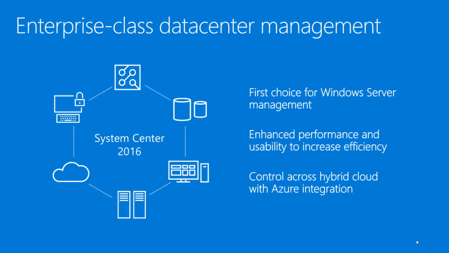So just to wrap this section up before we move on, for a lot of the technologies that we've spoken about in this module, you can really start simplifying the management and the deployment of these by using System Center 2016.